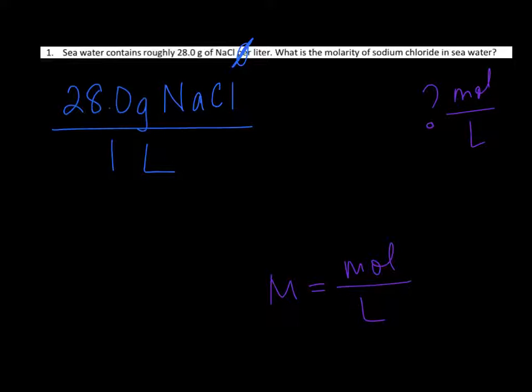And so in order to go from grams to moles, I'm going to use the molar mass. And the molar mass of sodium chloride is 58.44 grams in 1 mole.